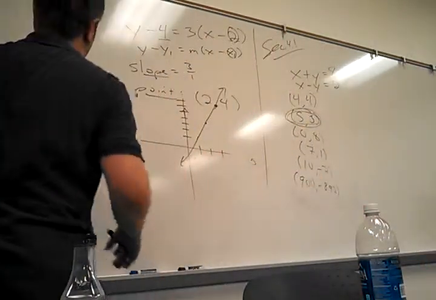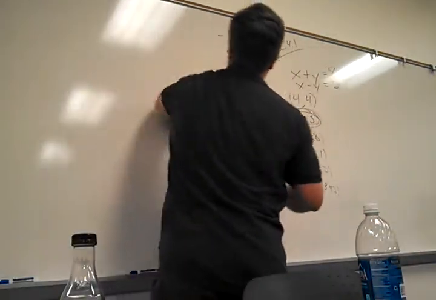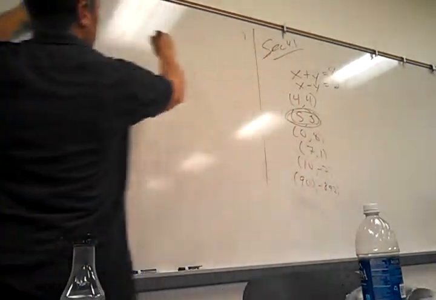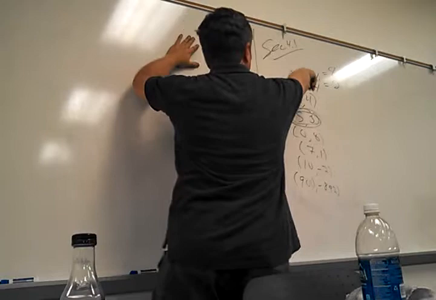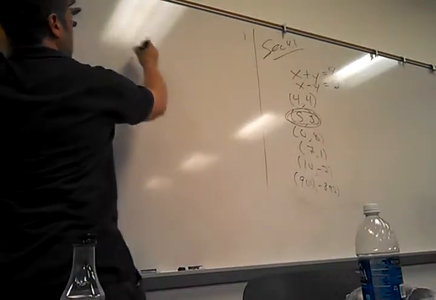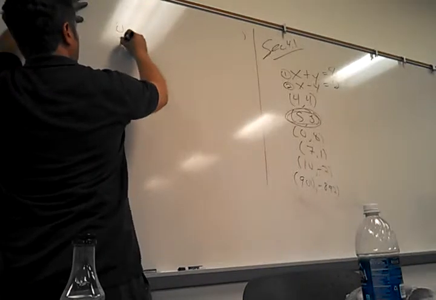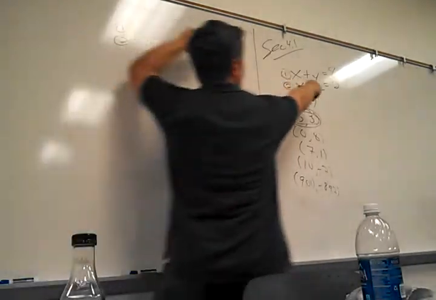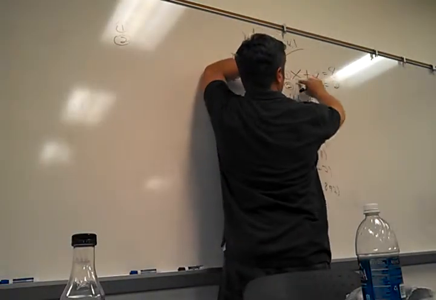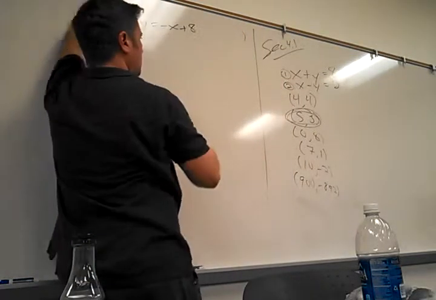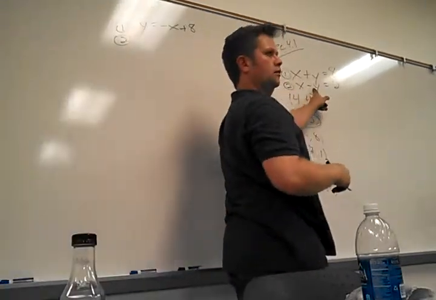Okay, so let's try one fresh here. Actually, if we graph these two, how would I graph these two? What would I have to do to graph them easier? Subtract the x. Yeah, I'd have to get y by itself, right? So subtract x over. How do we get y by itself here?